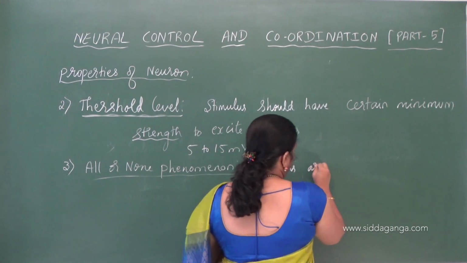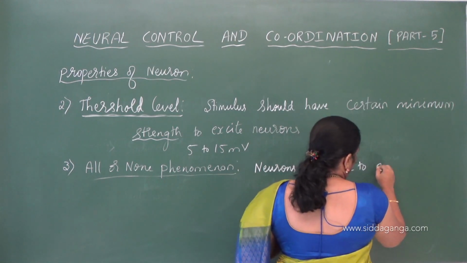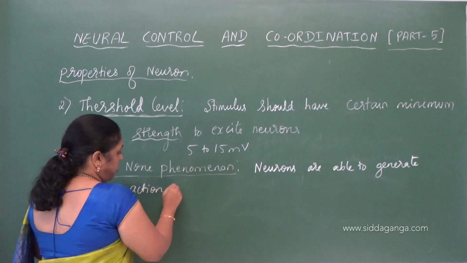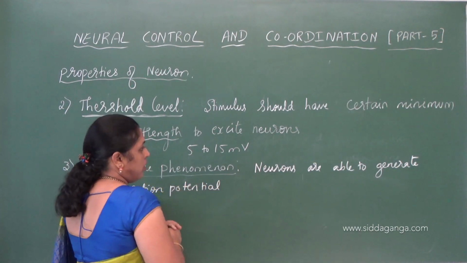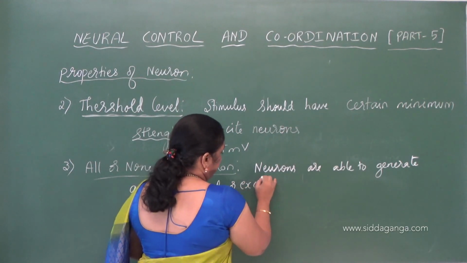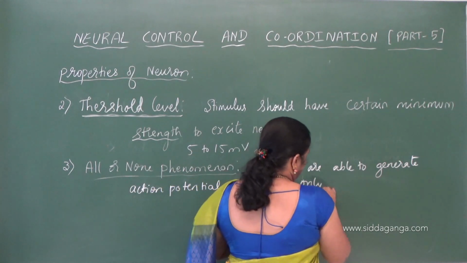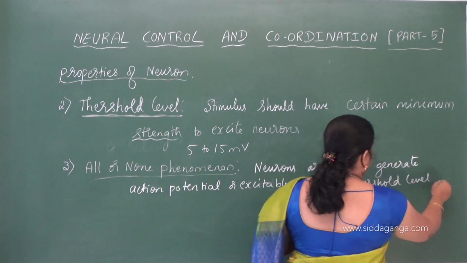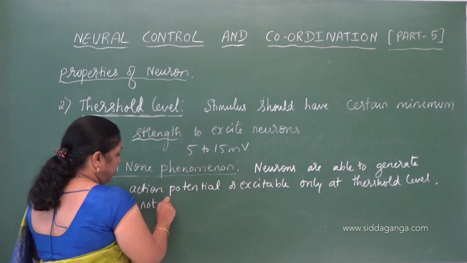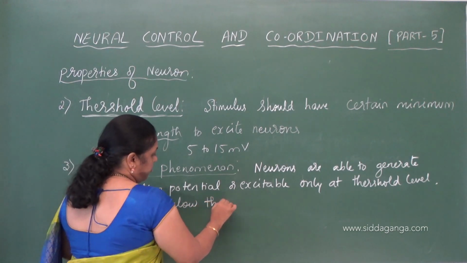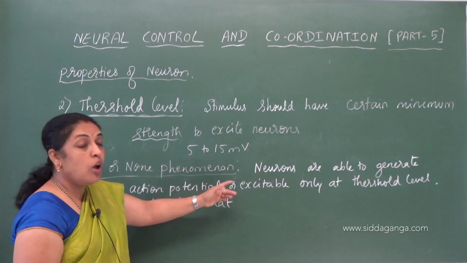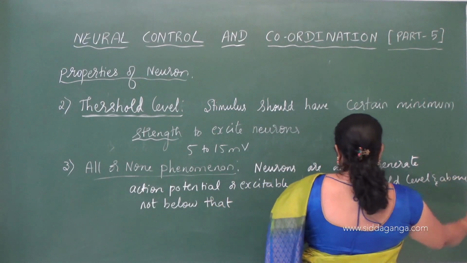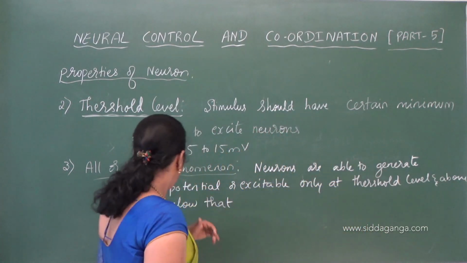So all or none phenomenon means neurons are able to generate action potential, or are excitable, only at threshold level or above, not below that.